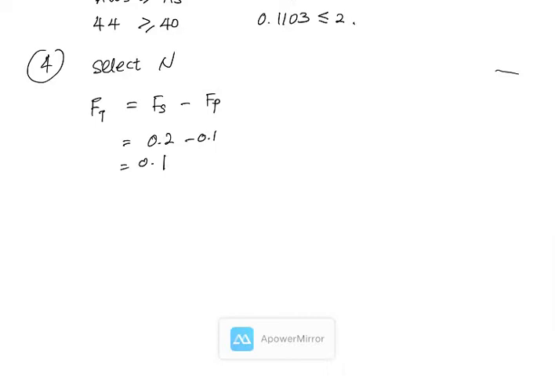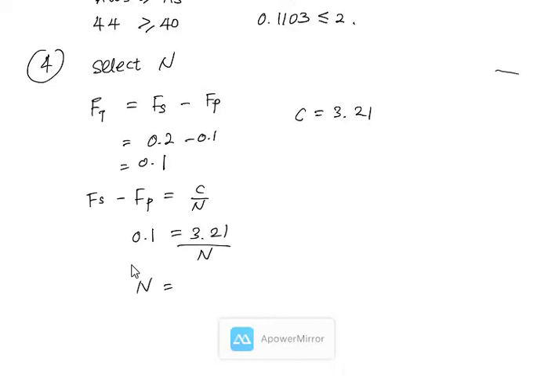And we go back to the C from the table, you obtain C equal to 3.21. And Fs minus Fp equal to C over N. Fs minus Fp is equal to 0.1 equal to C, which is 3.21, divided by N. So N is equal to 32.1, which is approximately equal to 33. We approximate to a higher number.